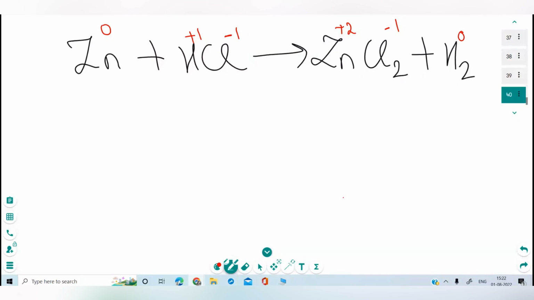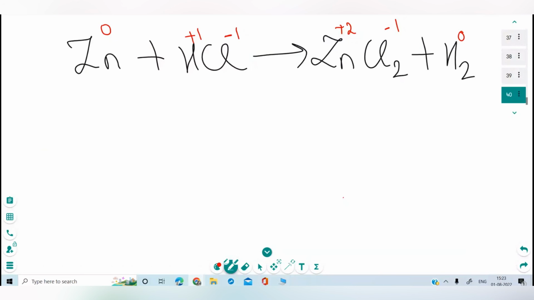If you observe very carefully, H2 is in which state? When you write H and when you write H2, it's complete, because H plus H, 2H.